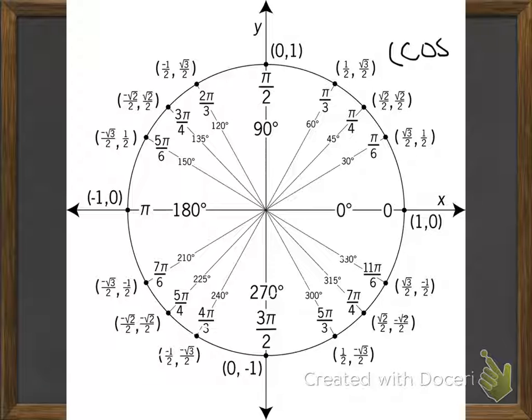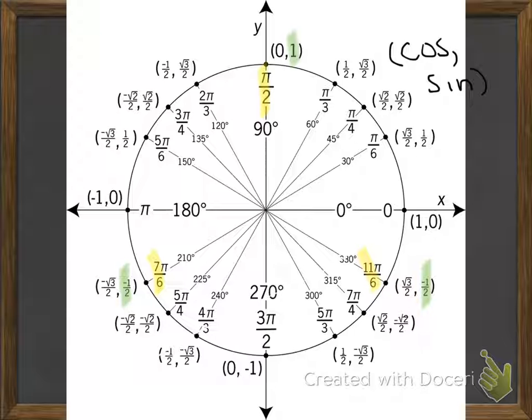And I'm looking for where sine would be 1, or sine would be negative 1/2, here and here. So I have my solutions. They are right here. Pi over 2, 7 pi over 6, and 11 pi over 6.